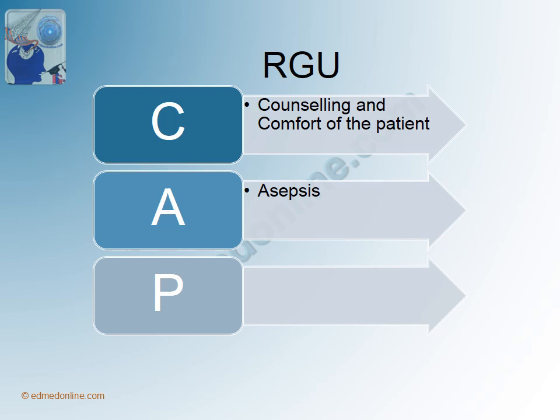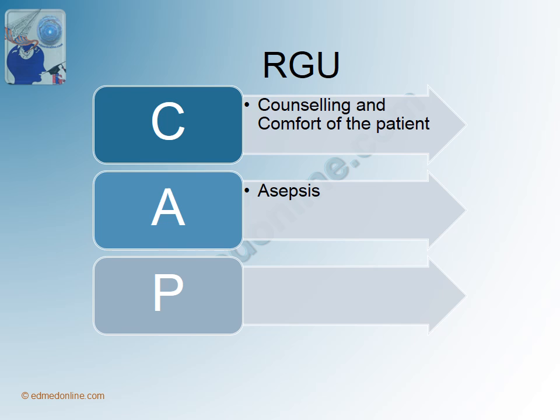The second principle is asepsis. RGU is an invasive procedure where a contrast is instilled in the urethra by use of a device which could be a Foley adapter, a small Foley catheter, or an infant feeding tube.